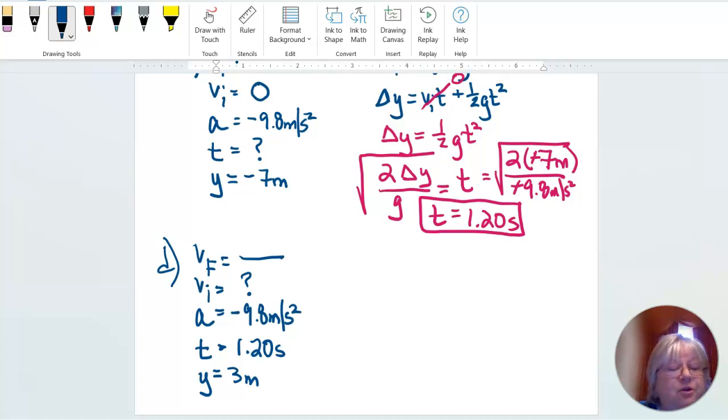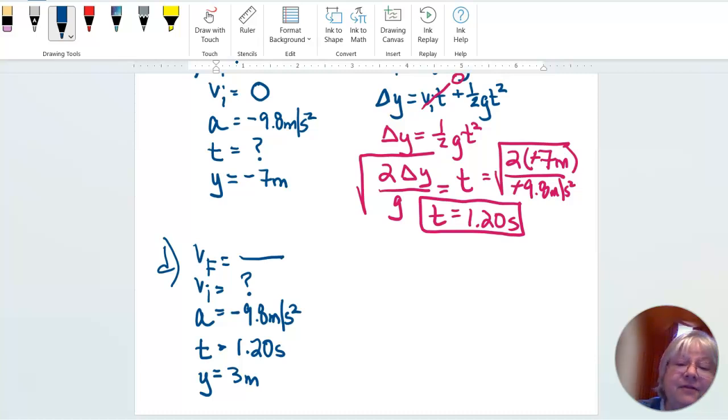So I have to decide which equation to use. Well, again, since I don't know final velocity, I can't use either of my VF equations. VF equals VI plus GT, or VF squared equals VI squared plus 2GY. I don't have the final speed, so I can't use either one.